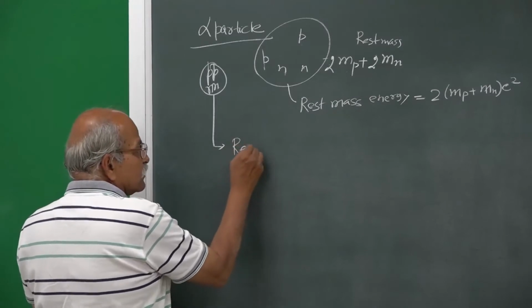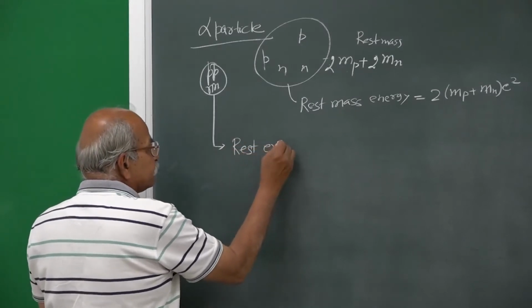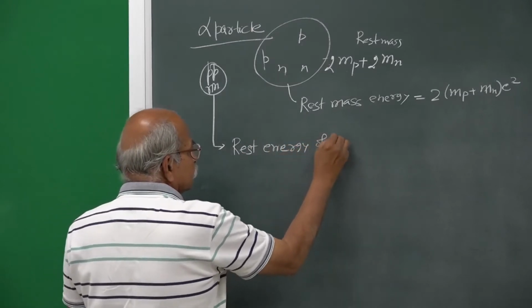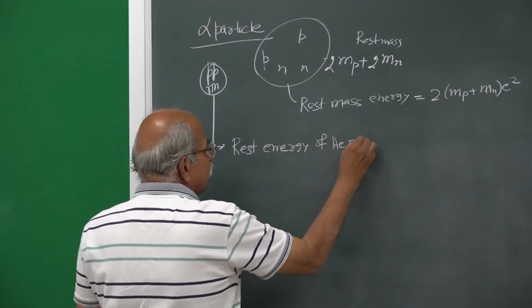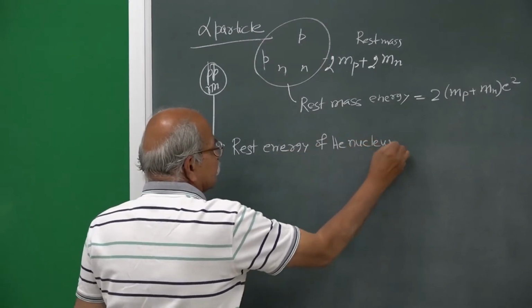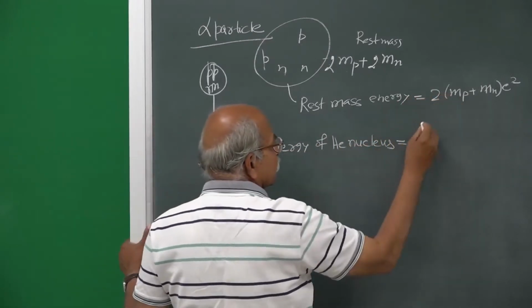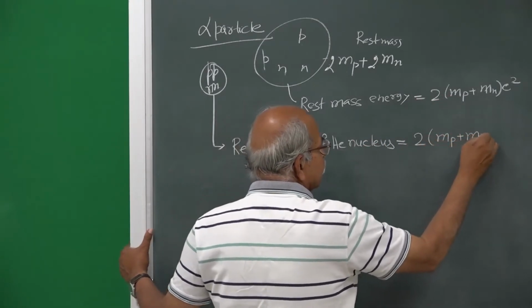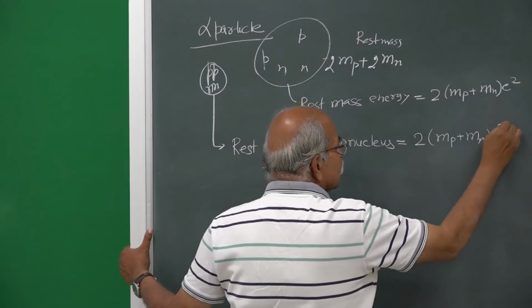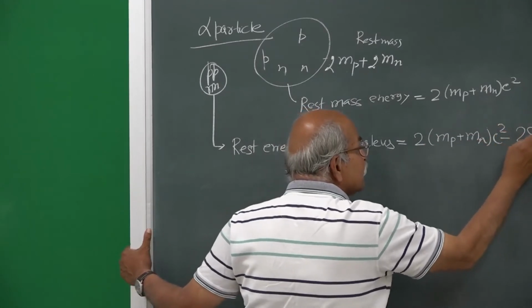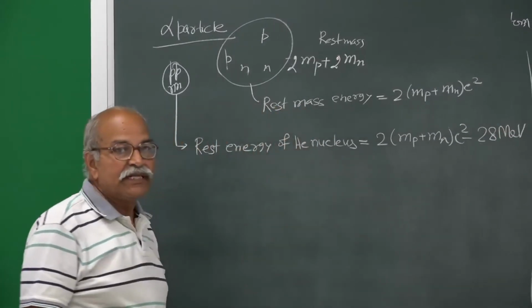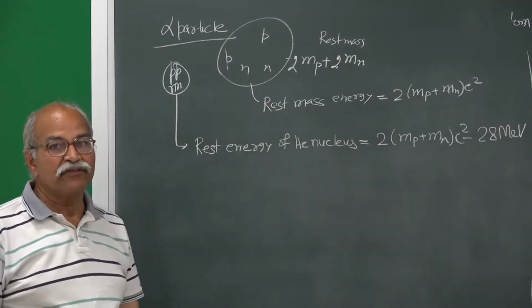The rest mass energy of the helium nucleus, or alpha particle, is this quantity (2mp + 2mn)c² minus about 28 mega electron volts, 28 point something MeV.